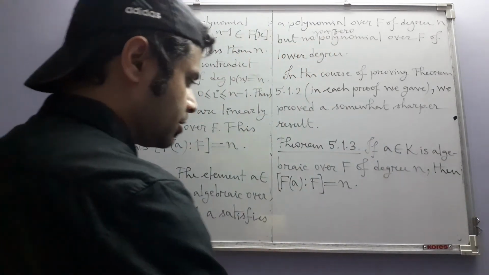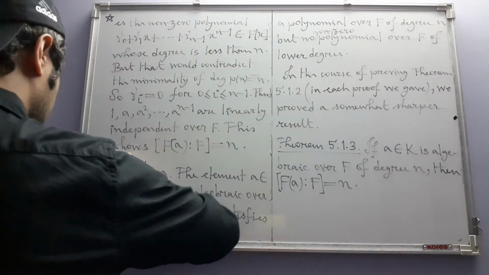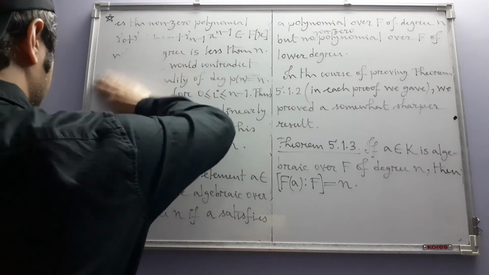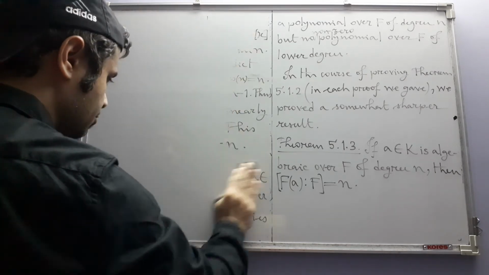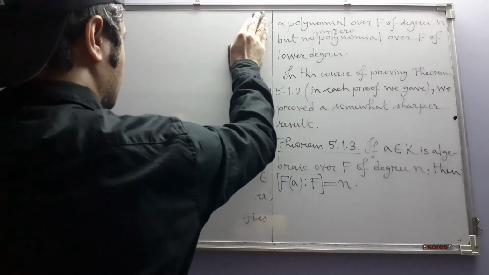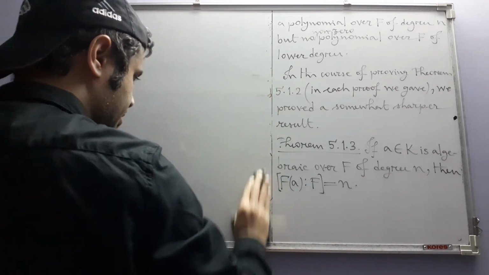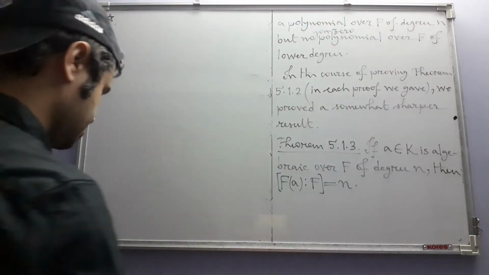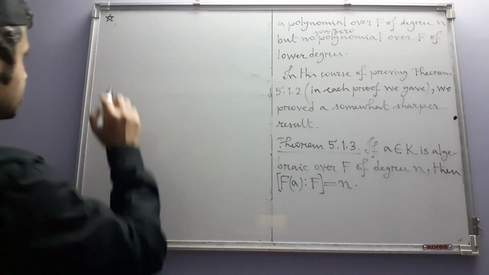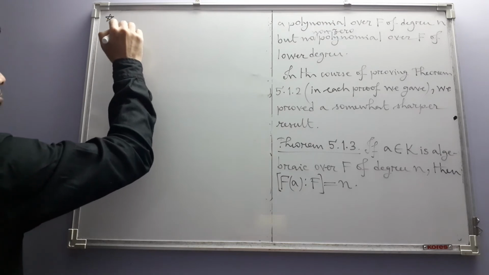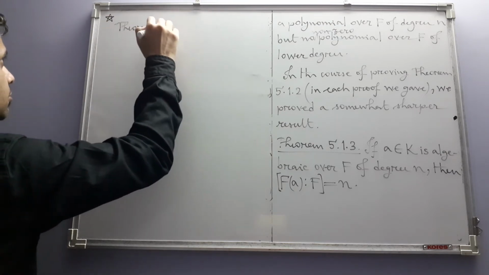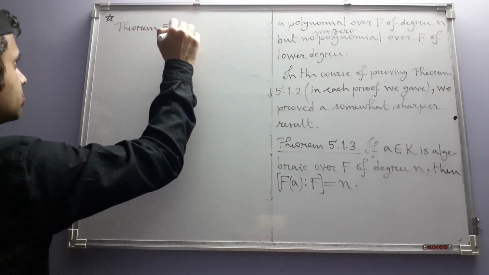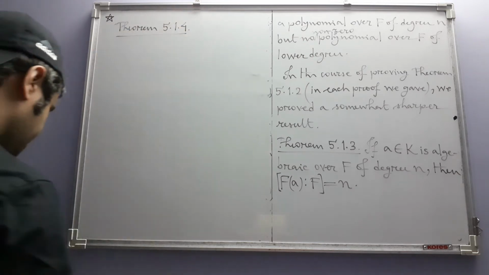Okay, now we are going to state and prove a theorem whose proof uses these results that we have proved now, and it says a lot about algebraic elements. So this is theorem 5.14.